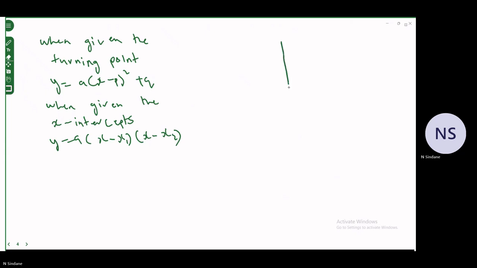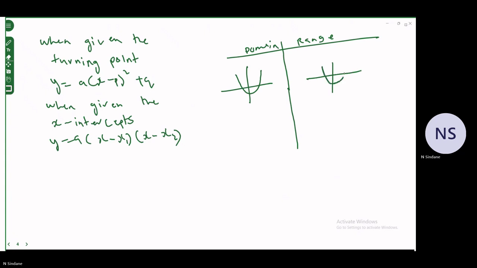And now let's come to our domain and range. Say I have a graph like this, another one like that. These are my two graphs. They want to know what is the domain and range of this graph. Looking at this, I have my x minus, my y minus, and my y plus.